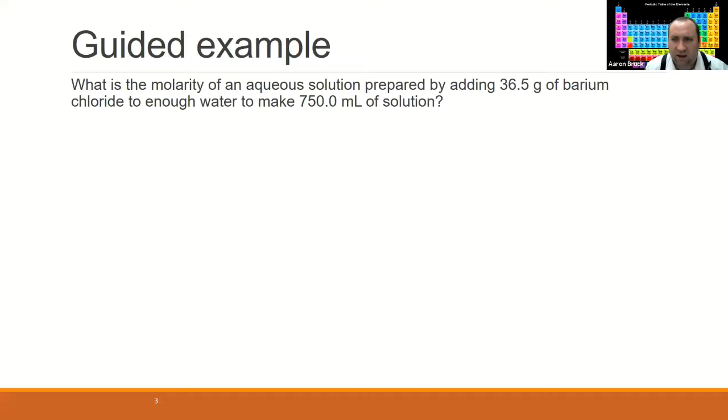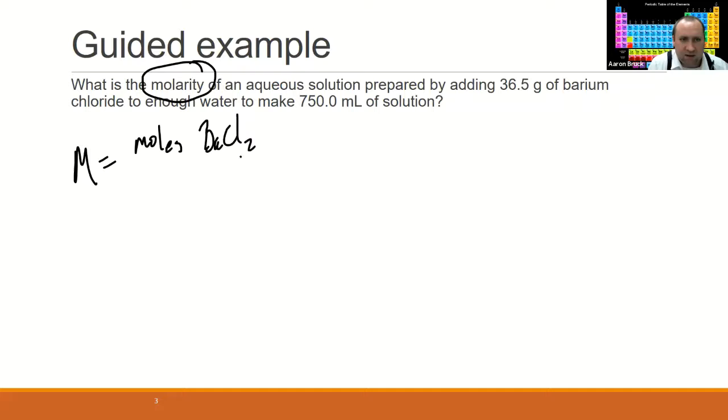And to that end, what is the molarity of an aqueous solution prepared by taking 36.5 grams of barium chloride in enough water to make 750 milliliters of solution? Again, we're talking about molarity here. Molarity would be, in this case, moles of barium chloride, BaCl2, over liters of solution.